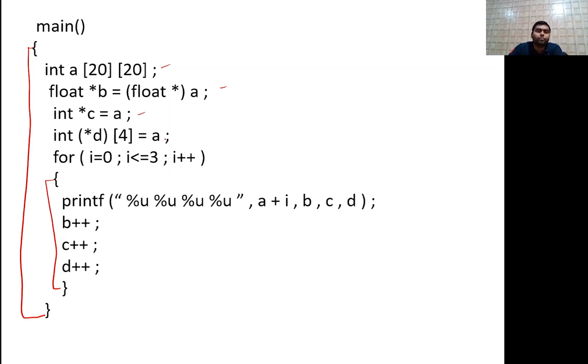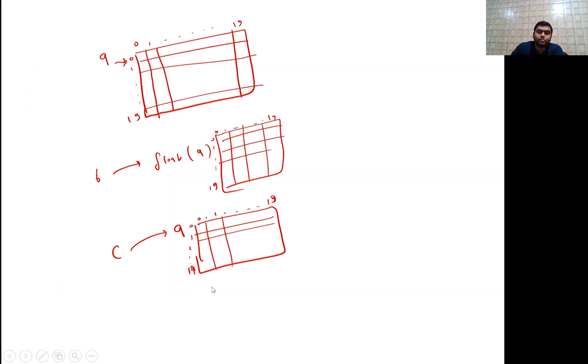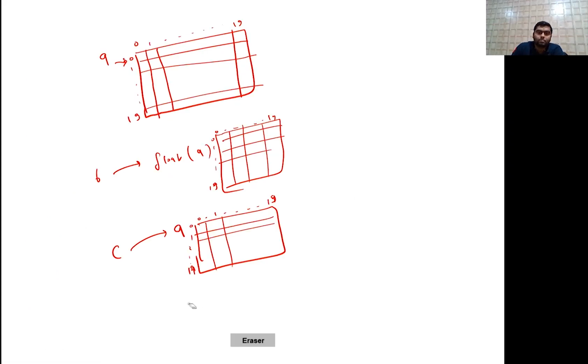Now observe very carefully. Star d of 4 equals to 4 means this is a pointer pointing to an array of what? 4 elements. So this is the case that d is a pointer. D is a pointer pointing to an array of 4 elements like this. 0, 1, 2, 3.